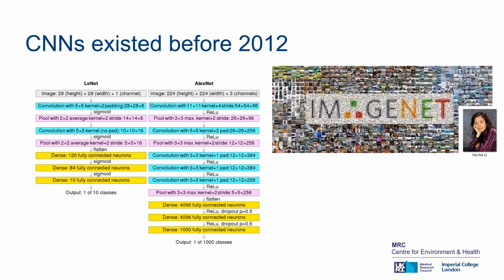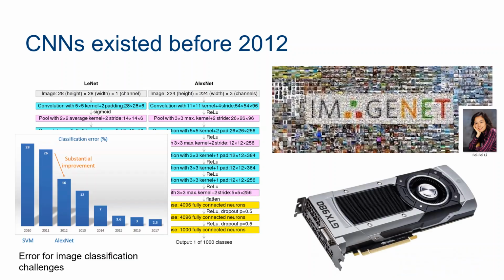What really lit the fire was the creation of ImageNet by Fei-Fei Li, a huge image database with labels that was used to train these neural network models. In addition, GPUs were invented around 1999, and this allowed for rapid processing of parallel operations. As such, we see a substantial improvement in classification error for image classification challenges with the advent of AlexNet.